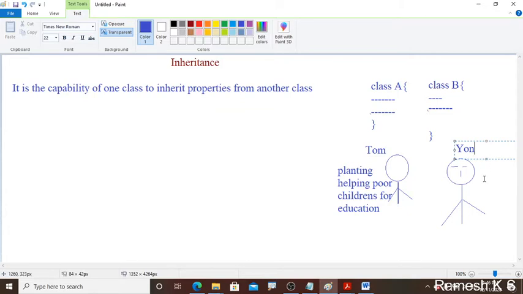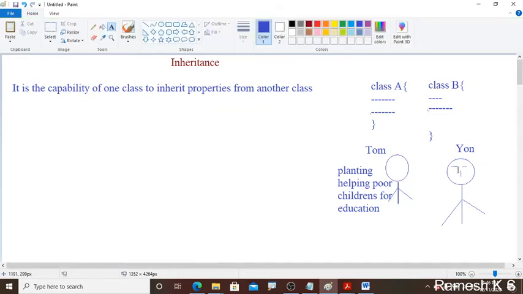His name is Yon. So this Yon does not contain any of these properties. He won't do planting. On his birthday, he will celebrate with cake only, not by planting a tree.